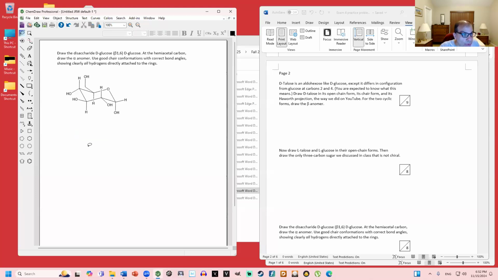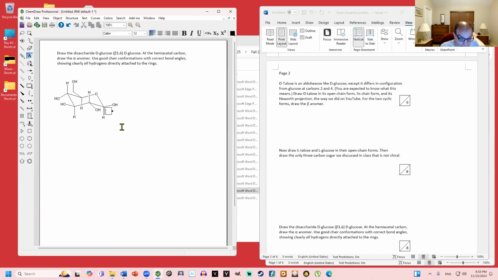So there's our glucose. We need the beta anomer in which the oxygen points up. So there's our D-glucose. Again, notice in carbons 2, 3, and 4, the OHs are all equatorial on glucose, as is the CH2OH coming off of carbon 5. Then we need to connect carbon 1.